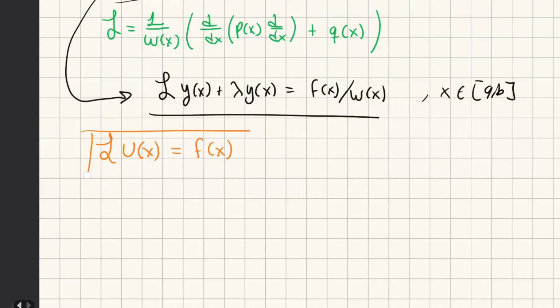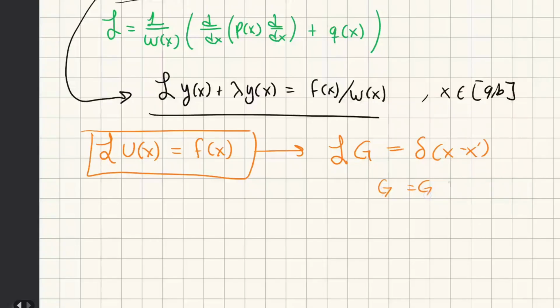For this differential equation, we can associate a Green function that will satisfy the next relation: L applied to the Green function is equal to the Dirac delta of x minus x prime, where of course this G is a function of x and x prime.